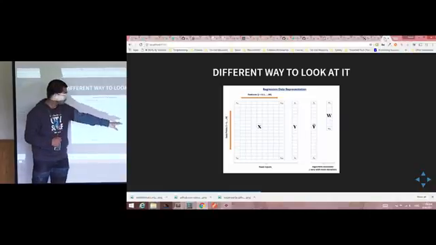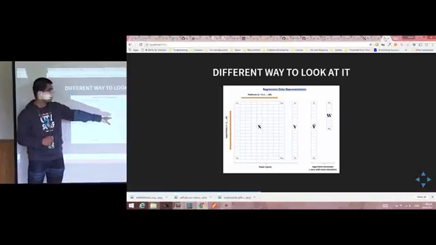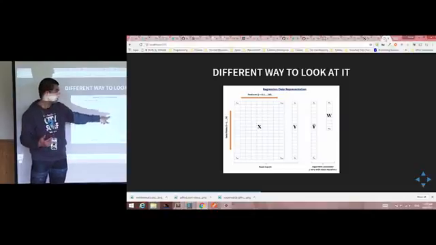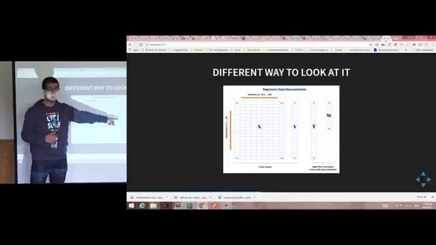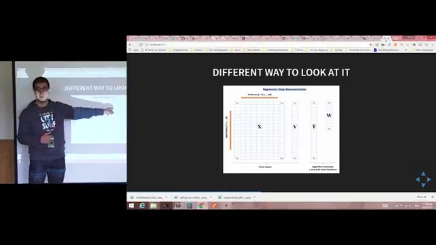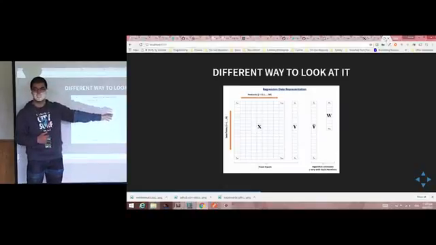Then you try to calculate cost. You have a cost measure. The most famous one is the mean square error: y minus y hat squared, divided by the number of examples.